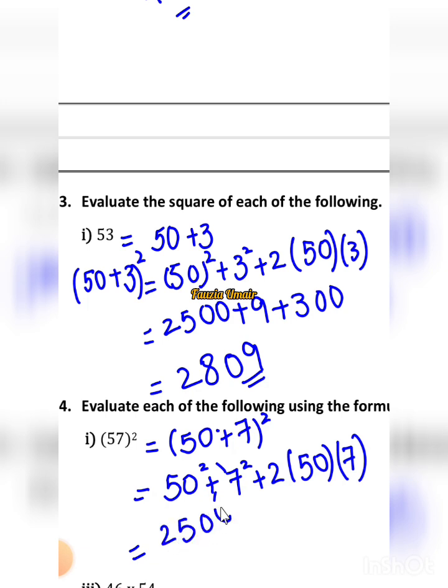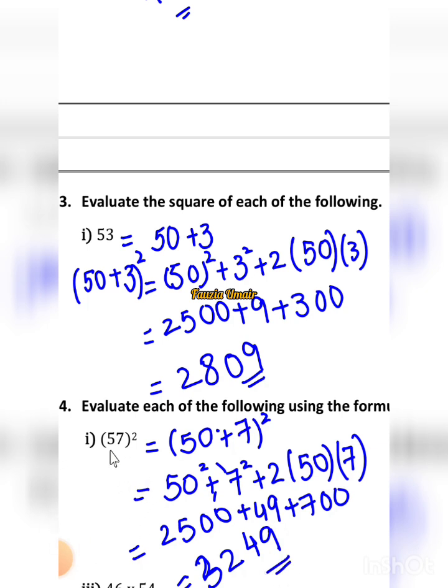We have just calculated it. 7 square is 49, and 5 2s are 10, 10 7s are 70, so 700. So this was easy. 2 will remain as it is because there is no 1000. So 5 and 7 is 12. So 1 carry will go here. So this will become 3249. So this is your answer.